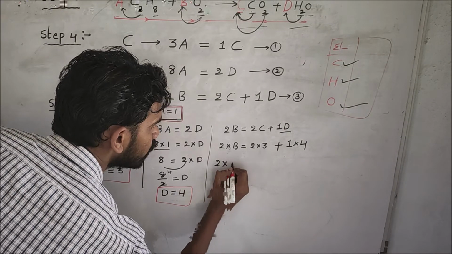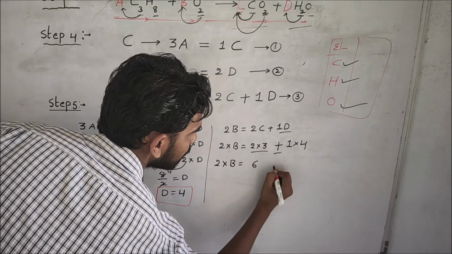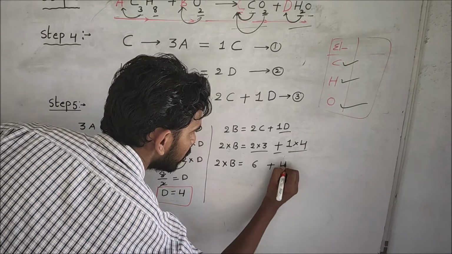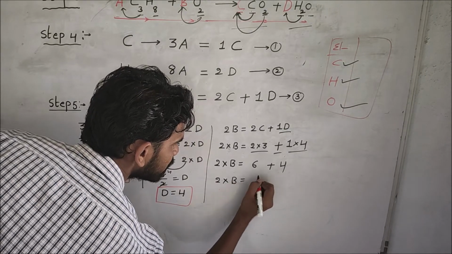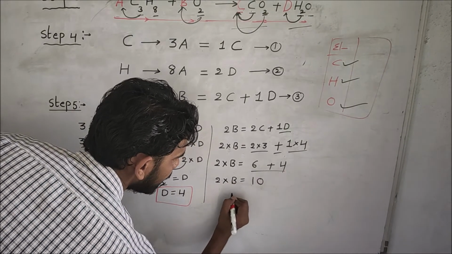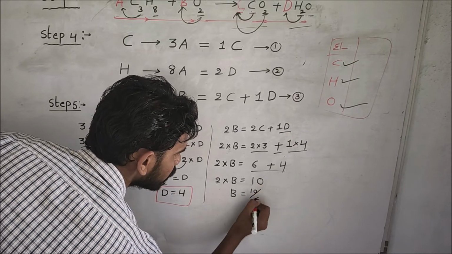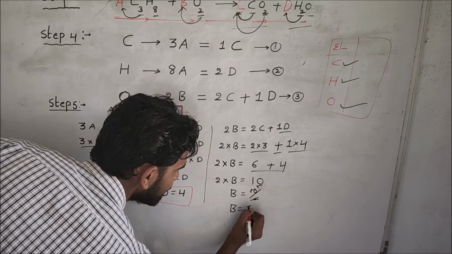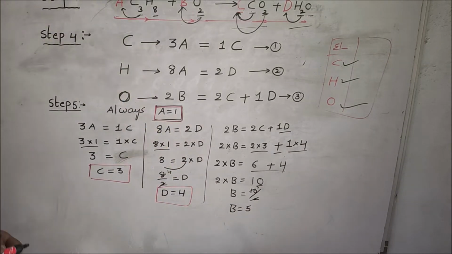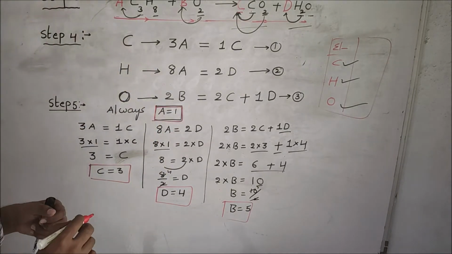Now 2 into B equal to, 2 3s are 6 plus 1 4s are 4. Now 2 into B equal to 6 plus 4, how much? 10. Now take 2 that side. 10 by 2, 2 5s are 10. Now B value how much? 5. B value is 5. Very good.